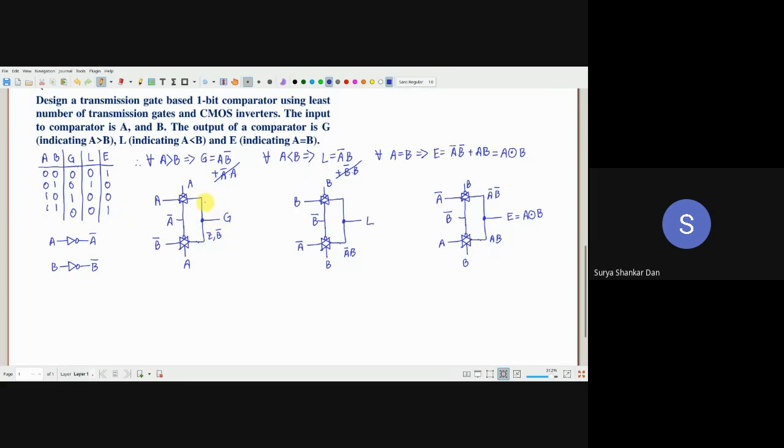Here what will happen? When it is Z, it is going to be A. The other one will be A bar. When it is Z, here it will be A, and when it is B bar, here when B bar is transferred, what will happen here? Z.